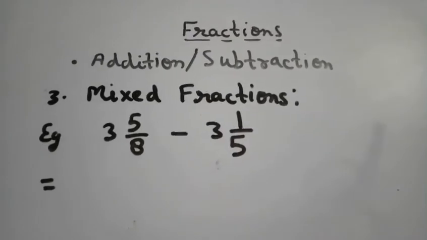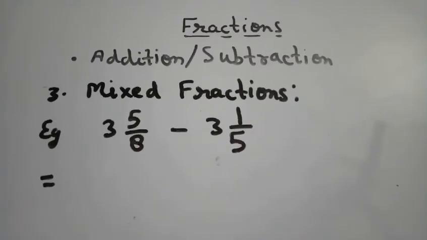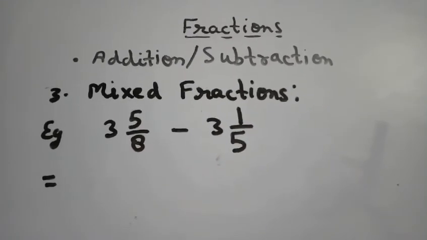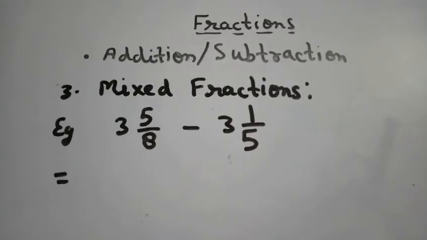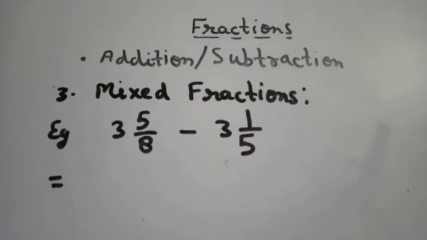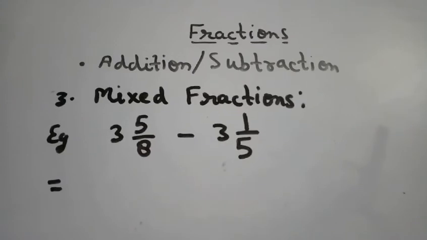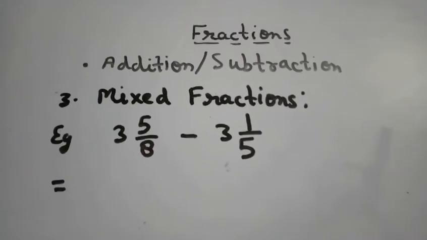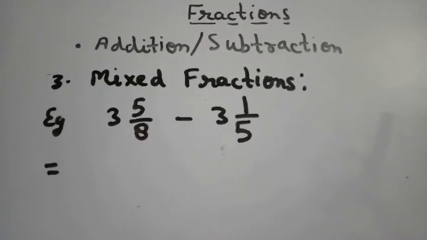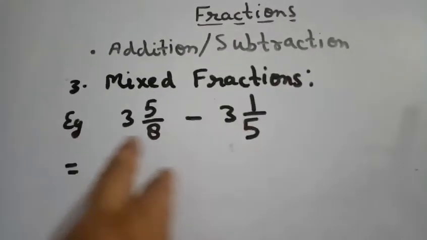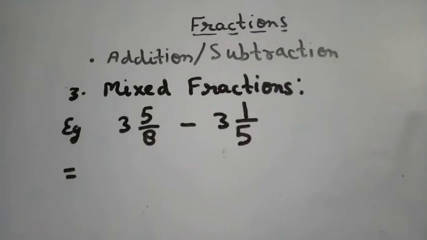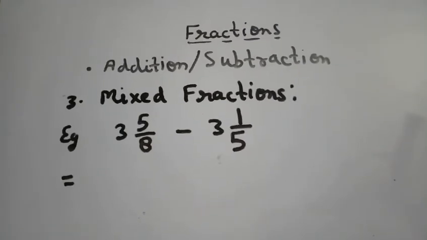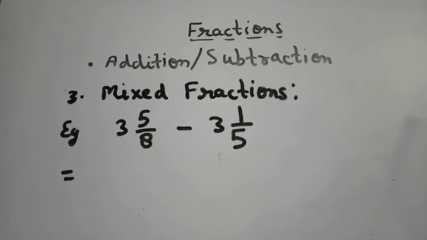Now student, the third part, addition and subtraction of mixed fractions. In this part, the sum or difference of mixed fractions is found by converting them into improper fractions. Now this is an example of subtraction, because the previous ones were examples of addition.